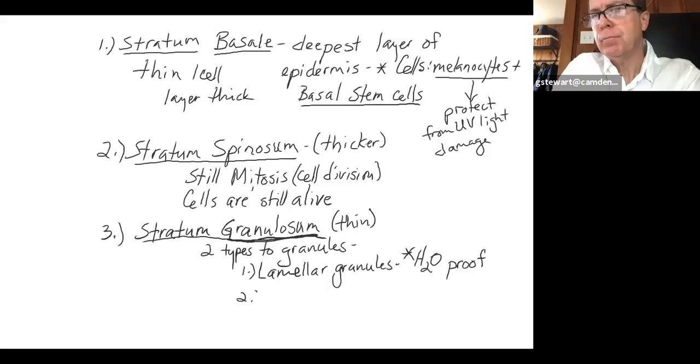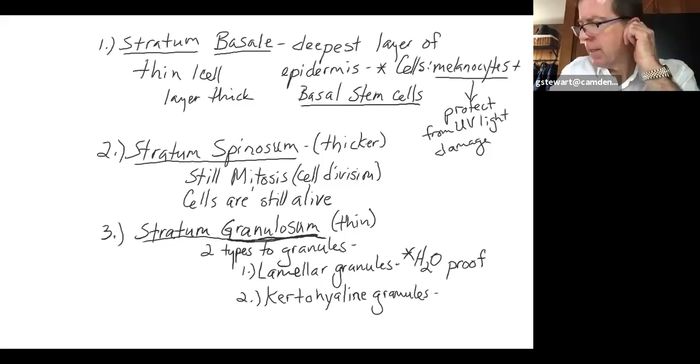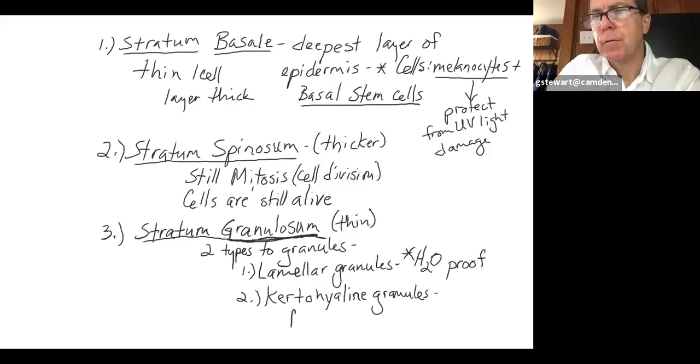The second type are called keratohyalin granules. It's a long word. What these things do is they help form keratin fibrils, so giving our skin its toughness as well.